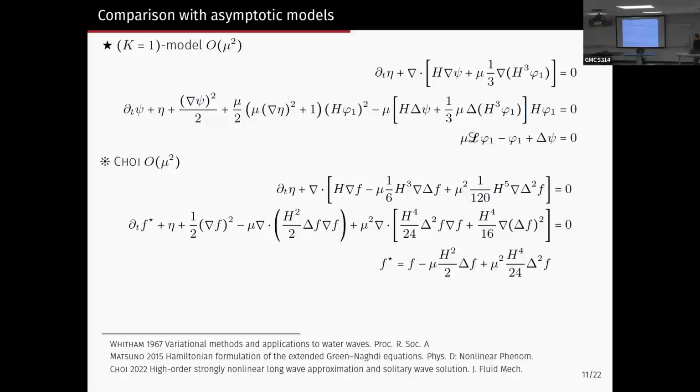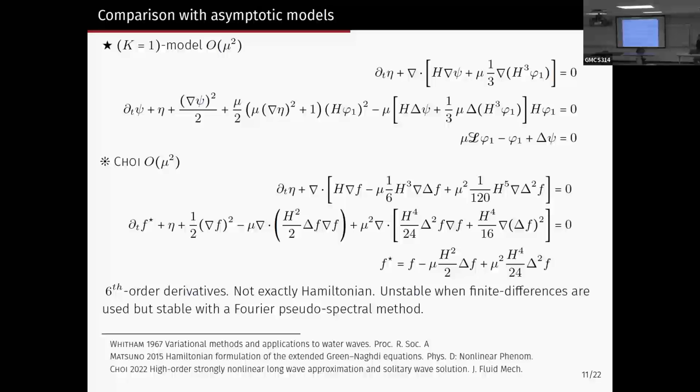The comparison with the most recent high order asymptotic model is with CHOI. Here, again, the structure is similar. Here CHOI uses the variables f and f star, which can be understood as the trace of the velocity potential on the bottom. Because of that, the problem with CHOI is that it's not exactly Hamiltonian.